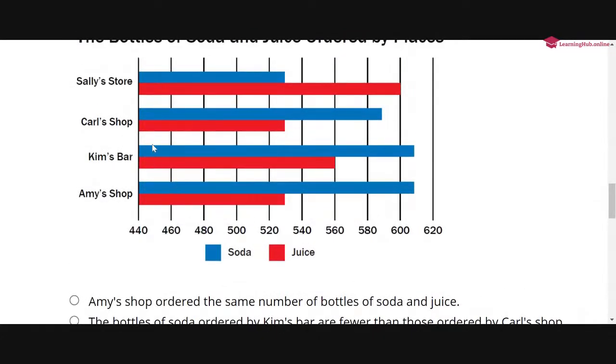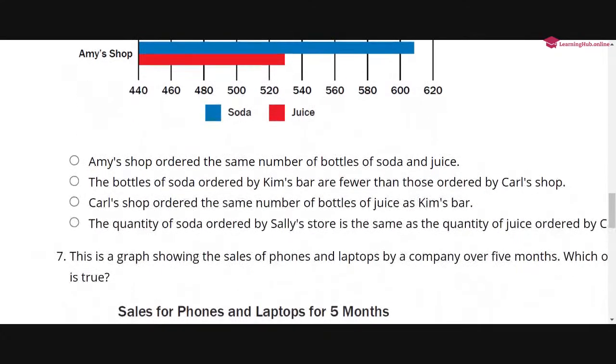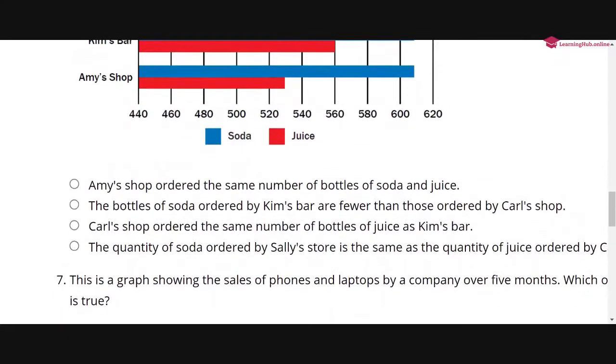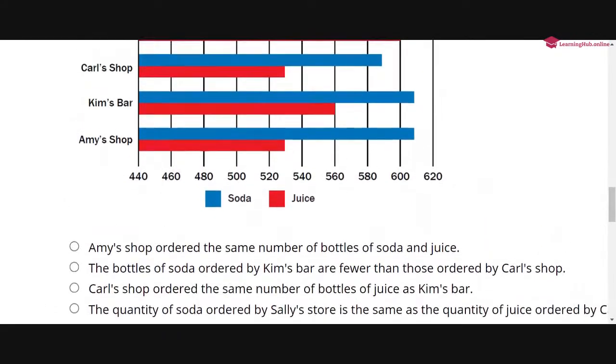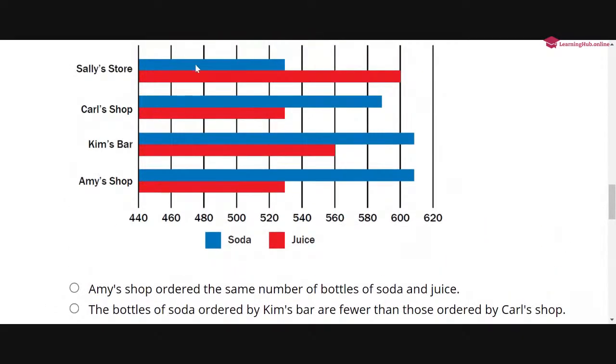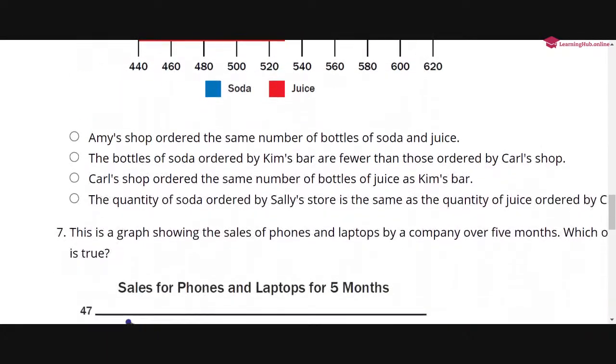Okay, so look at juice by Carl's shop. That is 530. So that looks correct. So soda ordered by Sally's store is the same as juice by Carl's shop. See here? If you look at the blue line right here, 530. And if you come right here, it stops at 530. All right, guys, so this is a good interpretation.